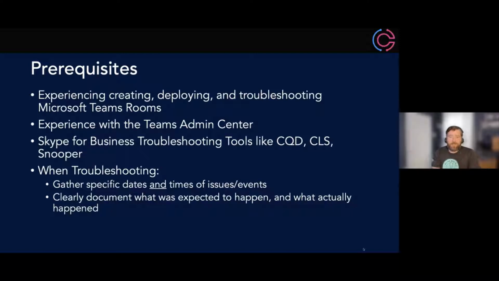And also, I know it seems like it should be intuitive, but clearly document what was expected to happen from the end user perspective and what actually happened. I expected my desktop to share, it didn't, or the screen went blank, something like that. That gives us clues to be able to figure out where we should start troubleshooting.